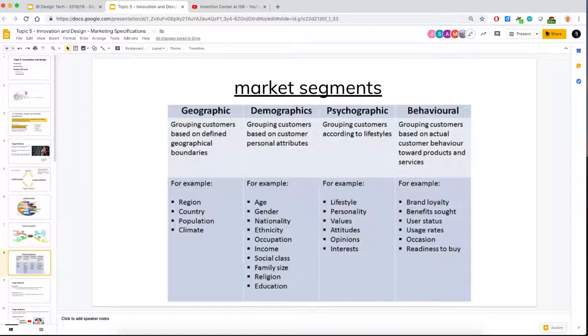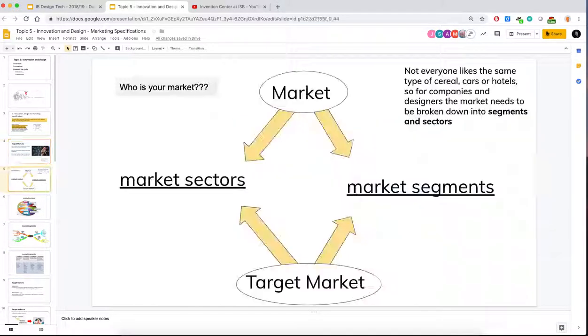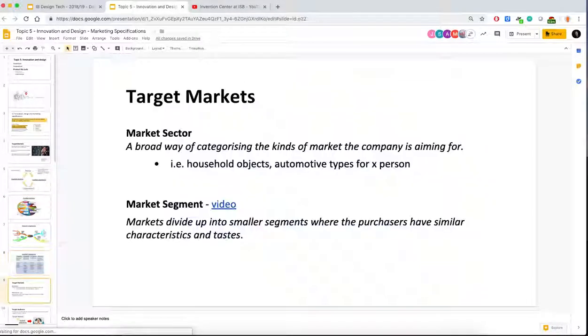Do you see how it divides like this graph here? You have the market, and the sectors and the segments are different. It's just a way to define things a little bit more. So here's the definition: a broad way to categorize the kind of markets that a company is aiming for, and the segment is divided up into smaller segments based on characteristics and tastes. Okay?